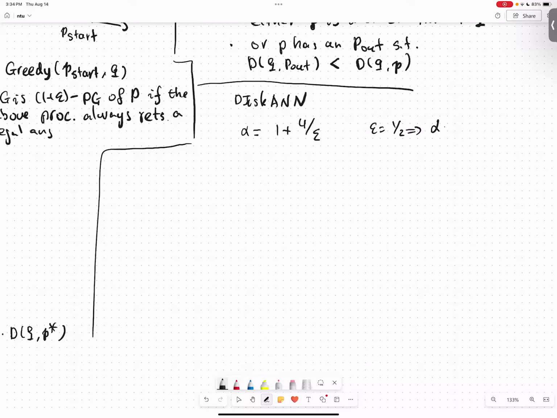In that case, alpha will be something like 9. Okay. Indeed, in practice, you can think about alpha as something that's larger than 1. All right, so this is let's say 9. In practice it would be like 10, 100, something like that. Good. All right, so I'm going to explain how the graph is built.